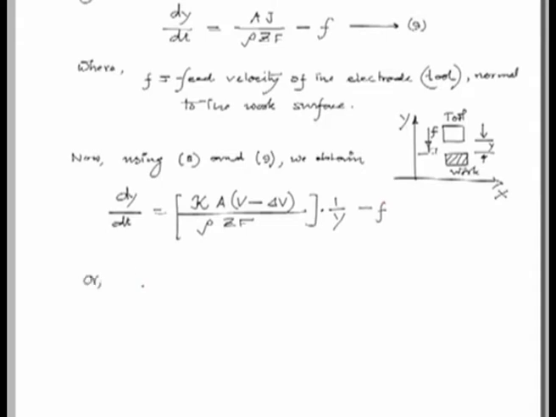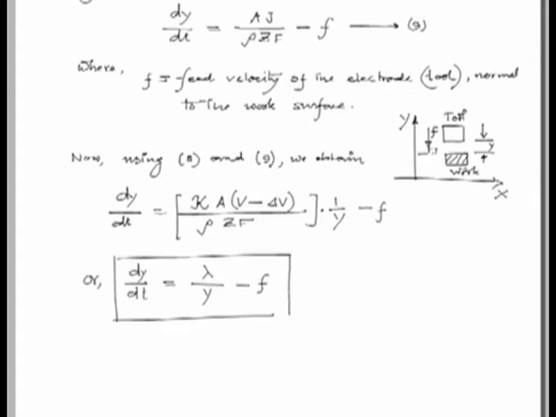On simplification, we can write dy dt is equal to sigma by y minus f. This is the simplified form.